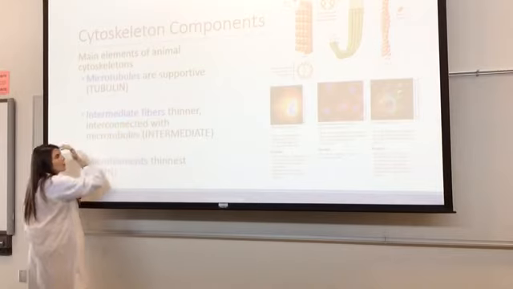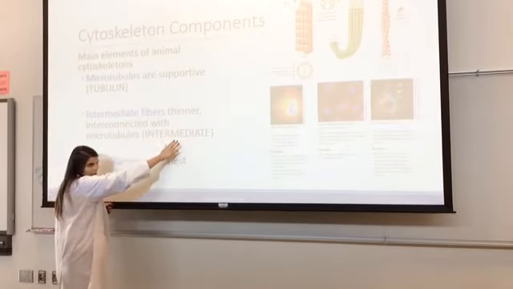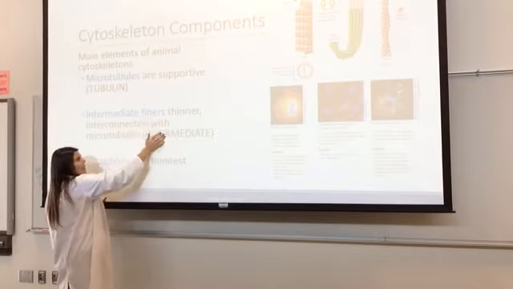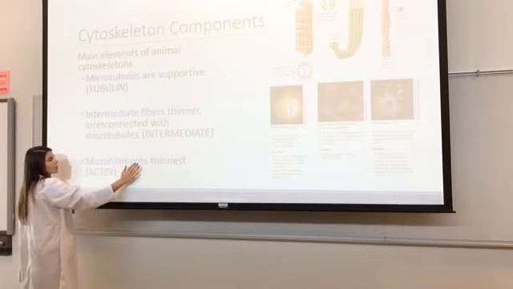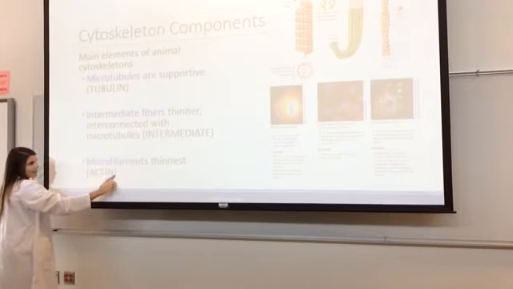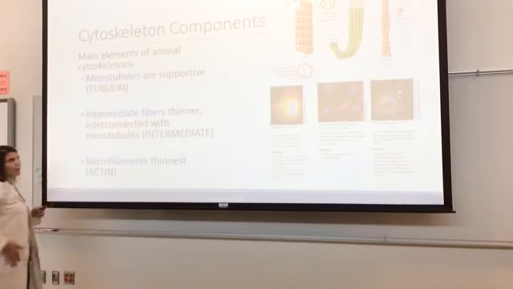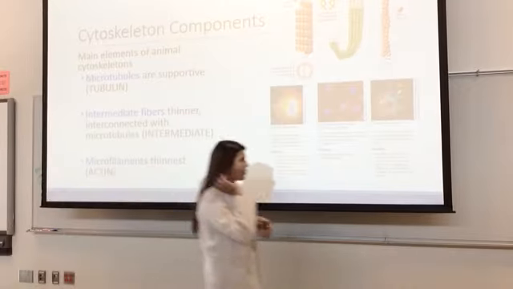Intermediate filaments, which are a middle size, have the protein called intermediate proteins. So intermediate and intermediate, that's pretty easy to memorize. The microfilaments, which are the smallest, are composed of the protein actin. Actin is the protein found in microfilaments. So you have each of the classifications of the components of the cytoskeleton, large, medium, and small, and then the protein associated with them.